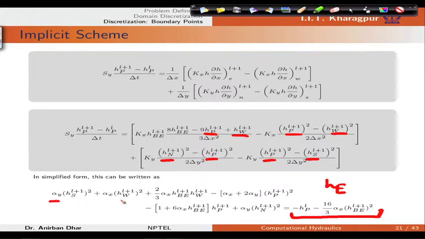So, alpha x, alpha y, alpha x, this is the coefficient of H_S, H_W, and extra emphasis on H_W here, and 2 alpha y, this is coming from this one, but only 1 alpha x, this is coming from here.